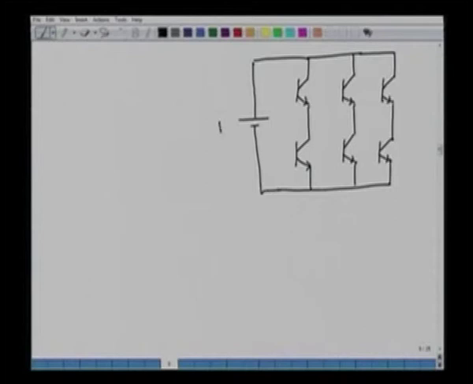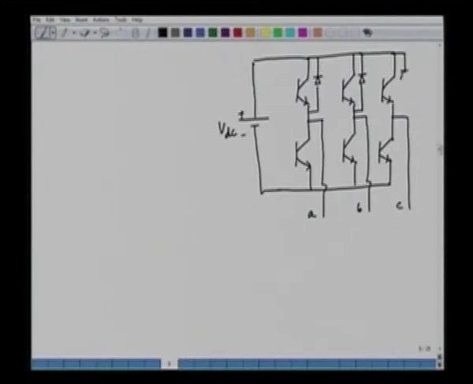And this is the DC voltage, and these are the 3 switches of the 3 phases of the inverter. We have, for example, phase A, phase B, and phase C. Since this is a VSI, the transistors will have an anti-parallel diode.